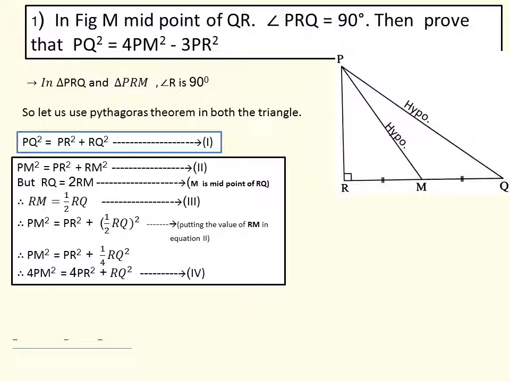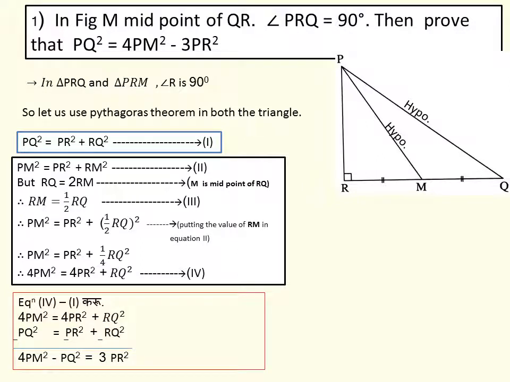Now to get the answer, we should subtract equation 1 from equation 4. After subtracting, we get 4 PM square minus PQ square equal to 3 PR square. Here RQ square and RQ square are cancelled.